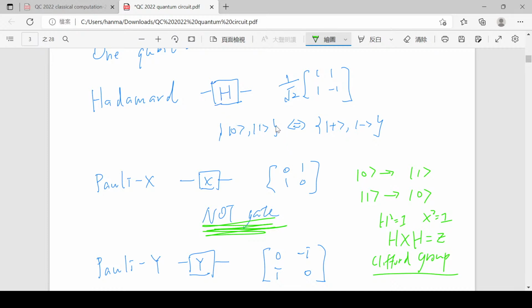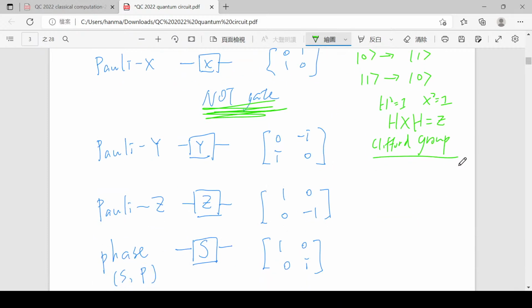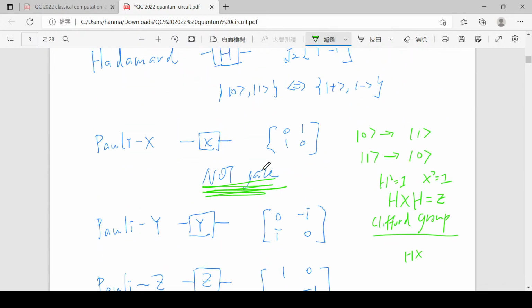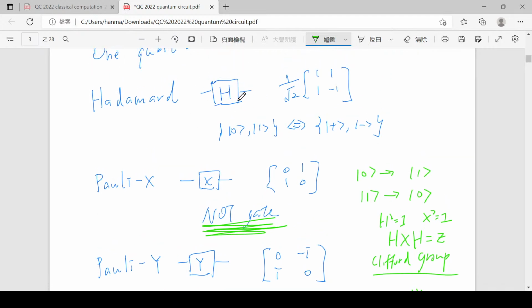So if you just have Hadamard and X, then basically the only thing you can get is Hadamard or X or Z, or Hadamard X.